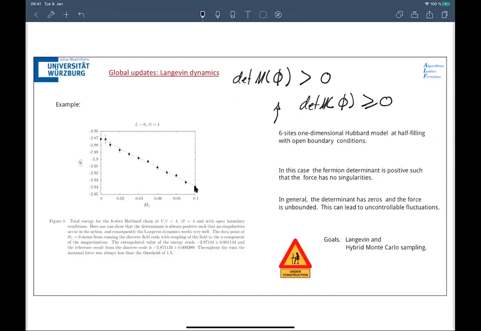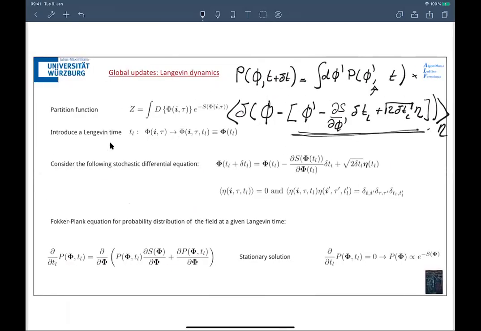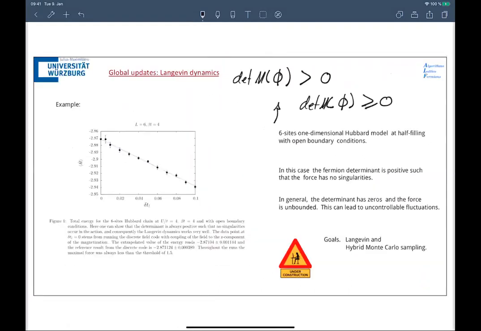And you see that this code runs rather well. This is the Langevin result. Of course, since we have a stochastic differential equation and a discretization delta t, we put in a new error, a discretization error, so we will have to extrapolate in principle. This is the result as a function of different choices of delta t_L, the Langevin time.